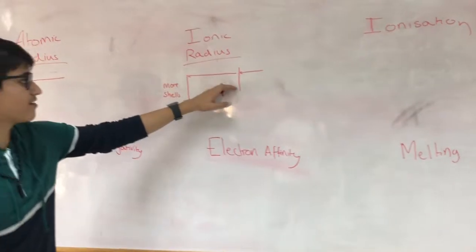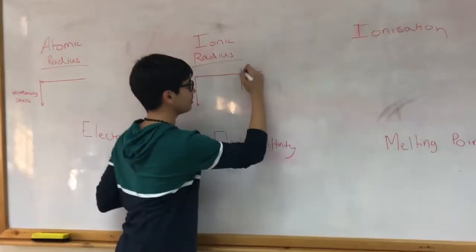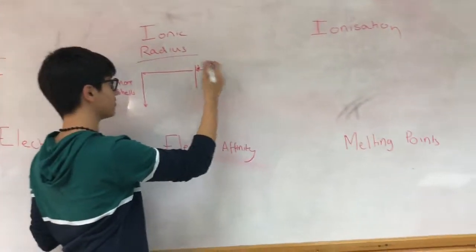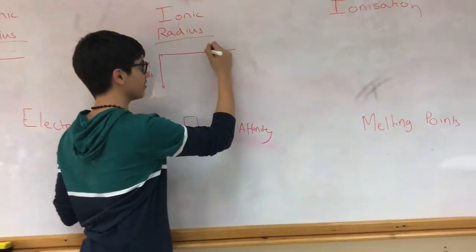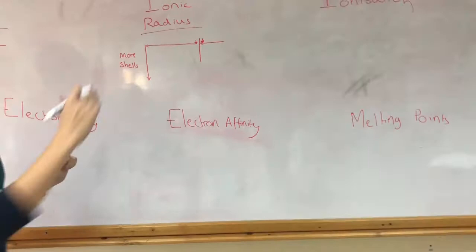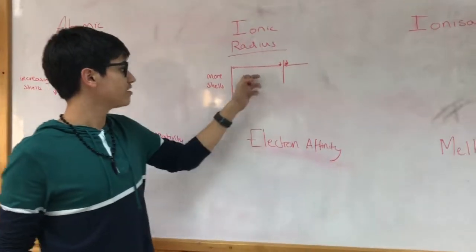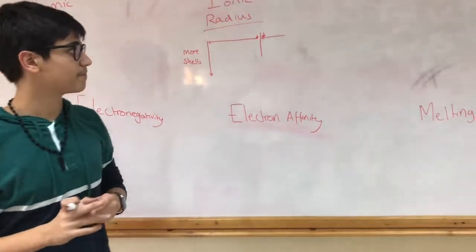This may seem very confusing, and be aware that this point here is a lot bigger than this point here, and it's not a clear trend. This is due to electron repulsion, as these all try to become full shells.